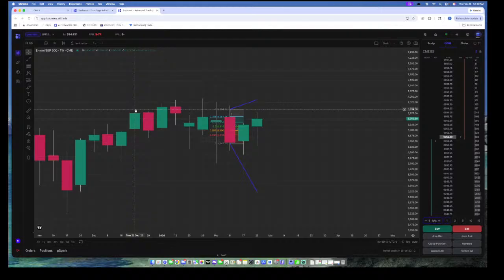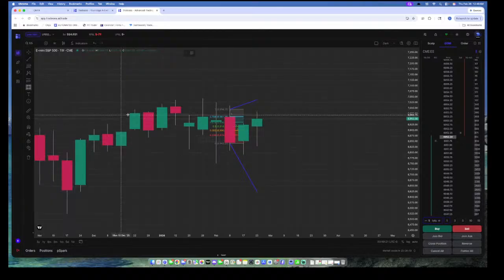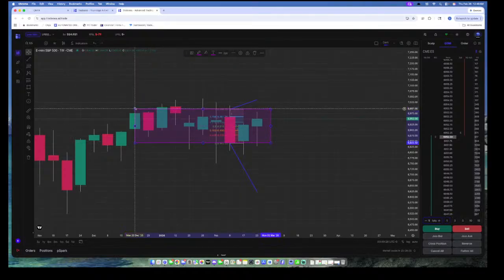Because essentially, if you look, my goodness, going all the way back to the end of December, if you were just to draw a box here, you can basically see we have gone nowhere. This is where the majority of the price action has occurred, on ES from 6999 down to 6840.